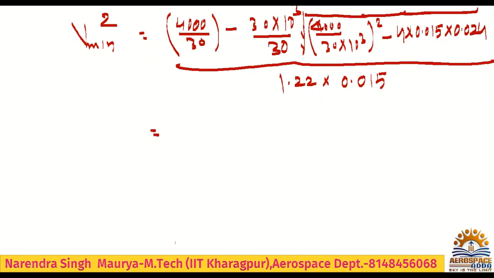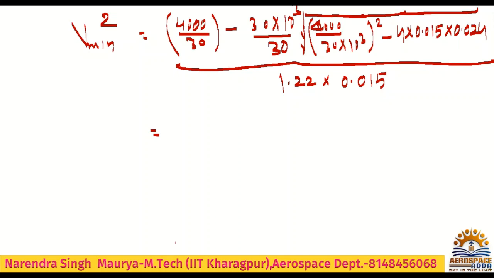All right, and here it is 4000 divided by 30 minus 127 divided by 1.22 divided by 0.015.